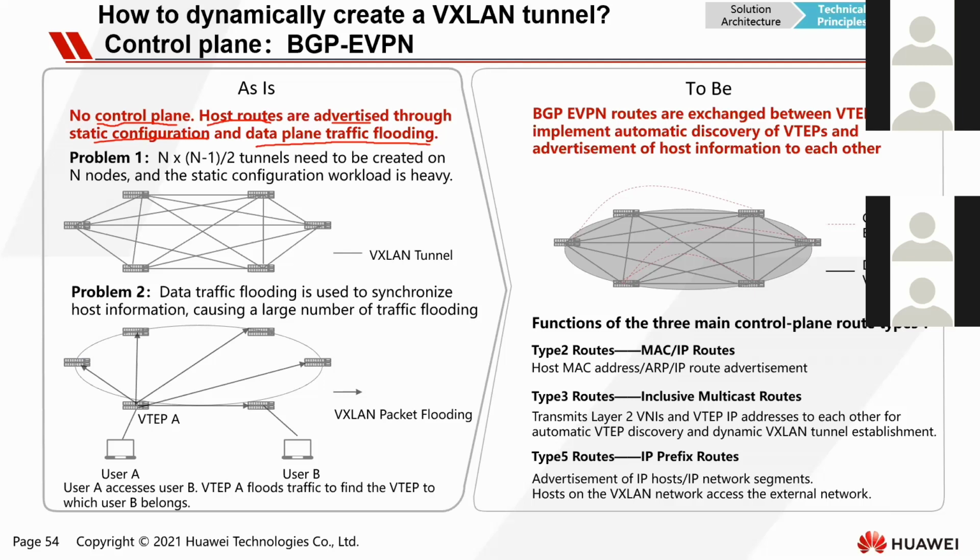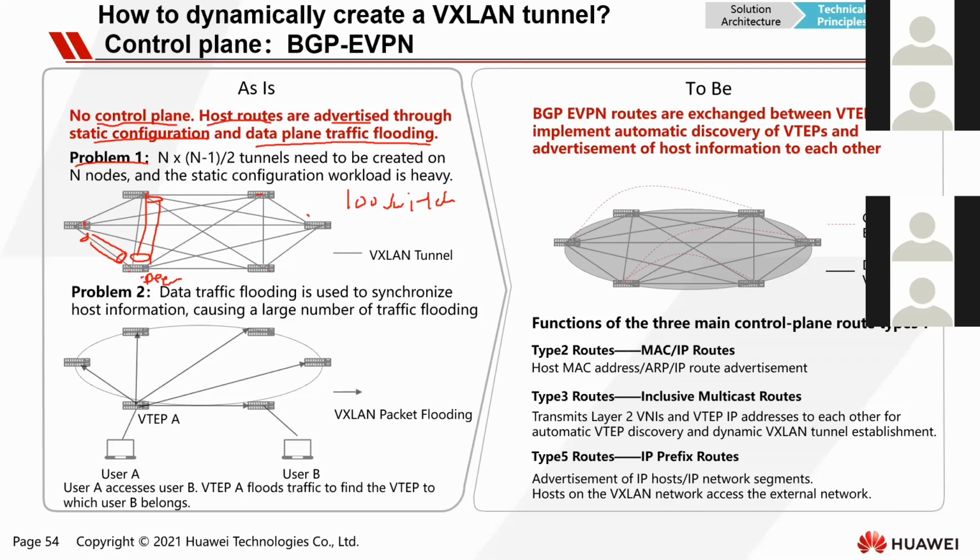First, for example, now we have a lot of switches which need to build VXLAN tunnels to each other. So in this case, we need to configure the VXLAN peers. Imagine that we have 100 switches that you need to configure at the same time.